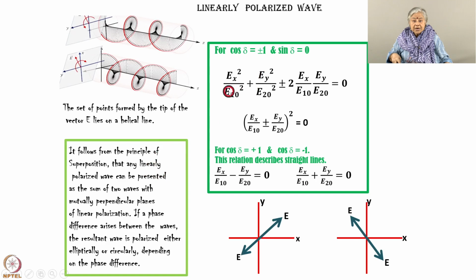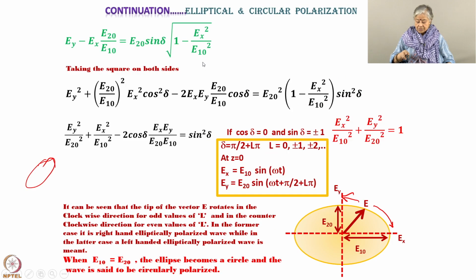Okay. Now, in the same equation, what happens for cos of delta equal to plus minus 1 and sine of delta equal to 0? We had taken the other case where cos of delta was 0 and sine of delta was equal to 1. Okay. So, that equation will reduce to just this. Which equation?